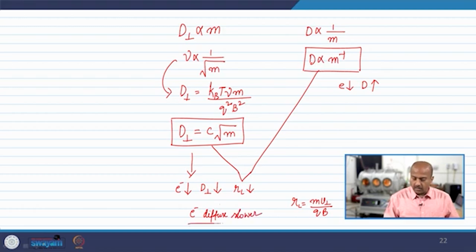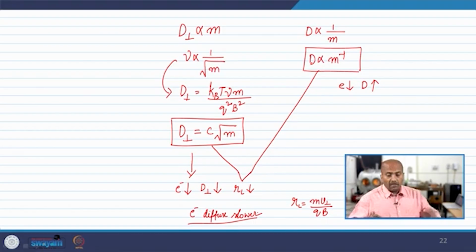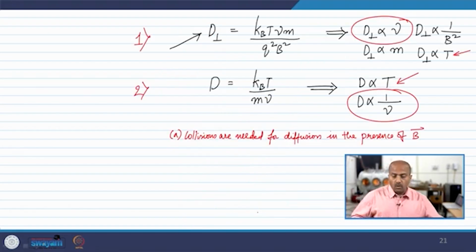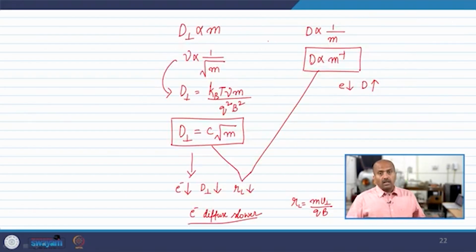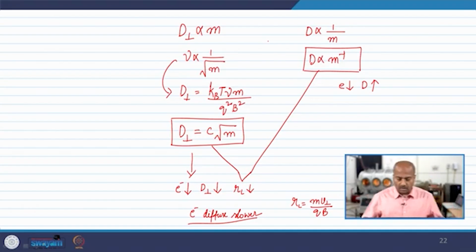It makes sense, right, because collisions at the same time are helping diffusion to happen faster. But if you bring mass into perspective, you will realize that the lighter mass particle, which you obviously expect to diffuse faster, is not diffusing faster because of the collisions and the radius of gyration, right.